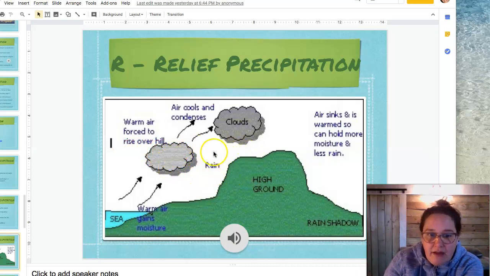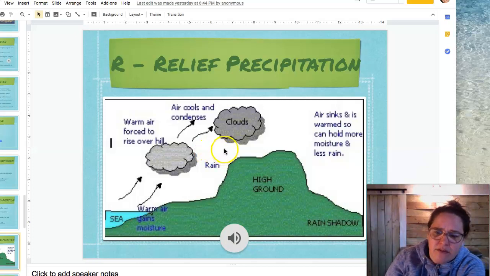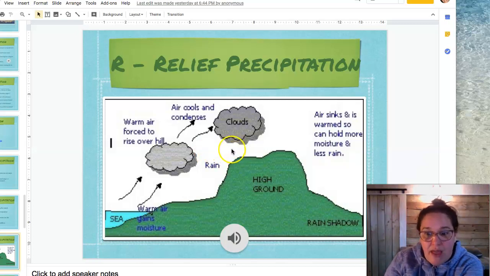So more and more clouds are going to start building up over this particular area to the place where it's just going to be nothing but clouds. And so this side of the mountain will be really cloudy, and they will get big and dark and heavy. And you guys have all seen what happens with clouds when they're big and dark and heavy. Usually you get a storm, and eventually that precipitation is released.